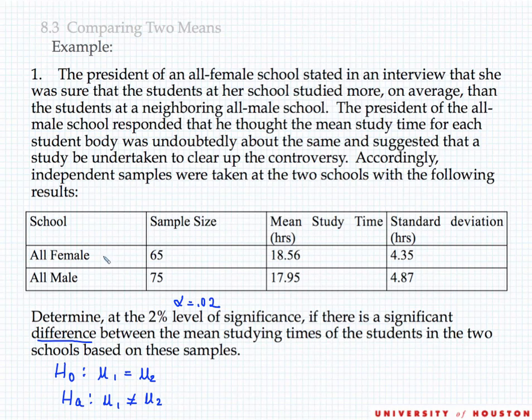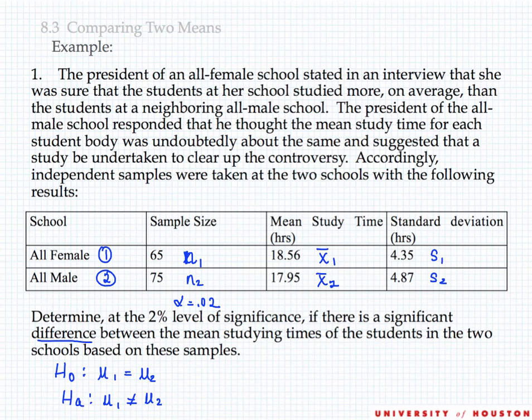Now let's let our all-female group be group 1 and the all-male group be group 2. This makes N1 65, N2 is 75, X bar 1 18.56, X bar 2 17.95, and this is S1 and S2.